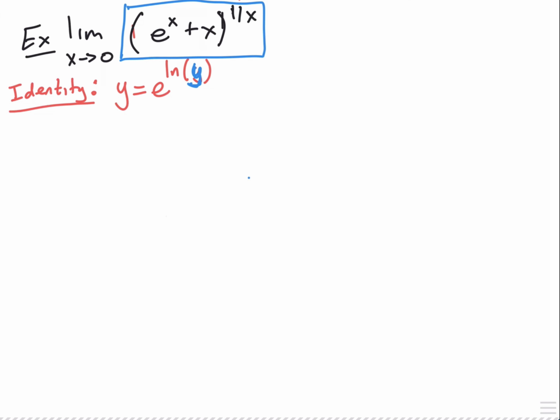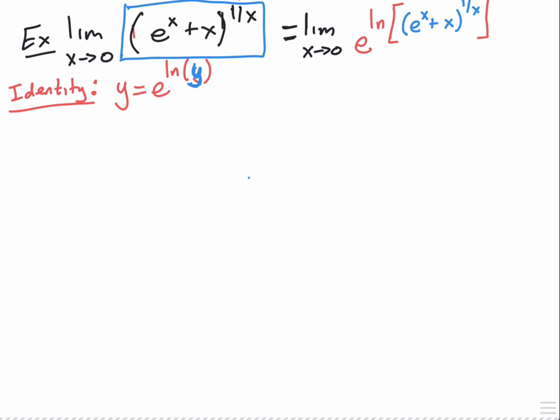So you're going to rewrite your limit. If I apply this identity here, this is equal to the limit as x goes to 0 of e to the natural log of y, so in this case, e to the natural log of (e to the x plus x) to the 1 over x.